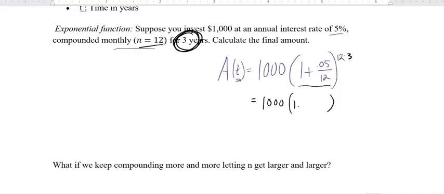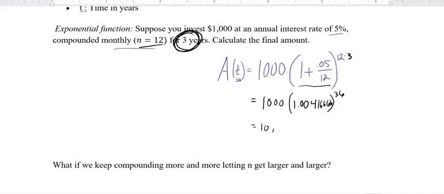If I want to, I could write each step, to be careful, and I won't round that much until the very end. I'm going to raise that to the power of 36.